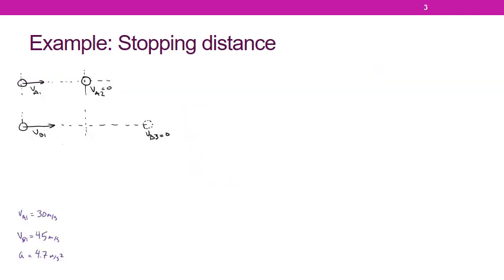Here I've begun to set up my problem. You'll notice I've got my initial velocities all marked and my final velocities all marked, because I'm going to need to use change in kinetic energy. And I'm going to need velocities for that.